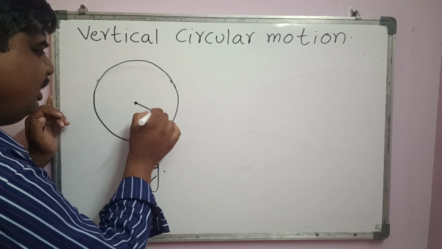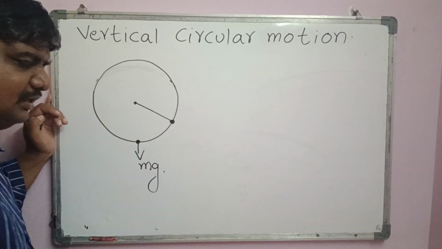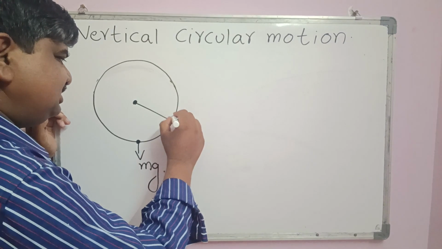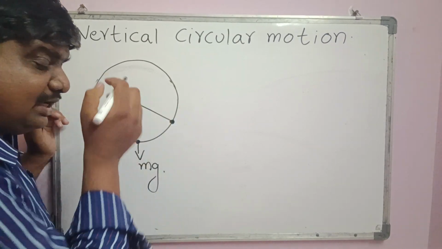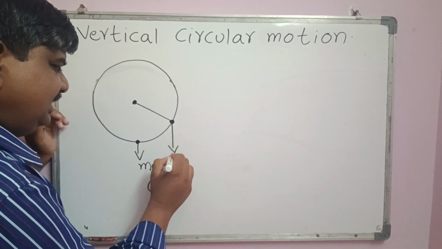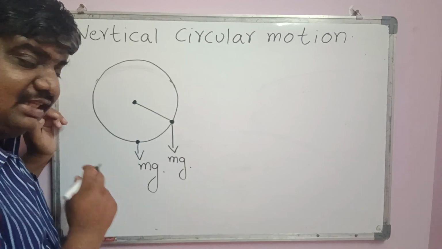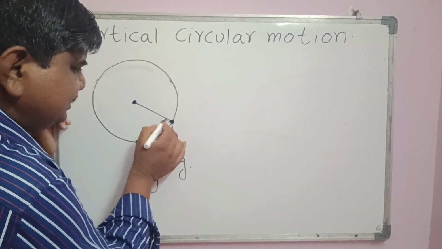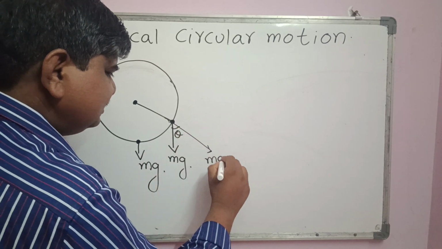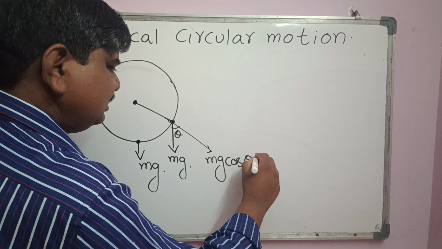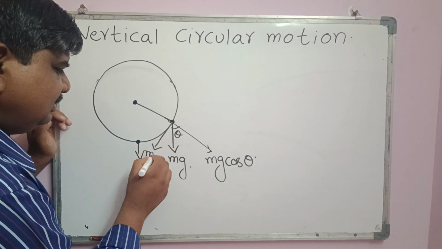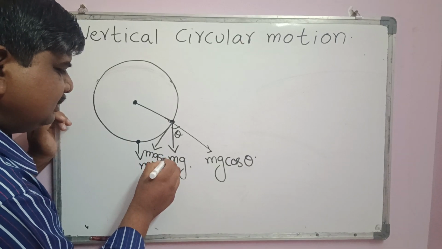It came to some other point which makes an angle theta with the center of the circular path. At this position, the entire weight of the body is mg, and this mg can be resolved into two components. One is along the line, making an angle theta, which is mg cos theta, and the perpendicular one, which is in the tangential direction, is mg sin theta.